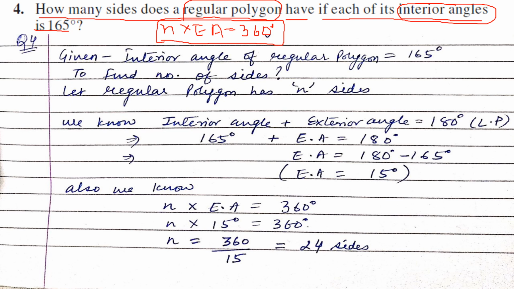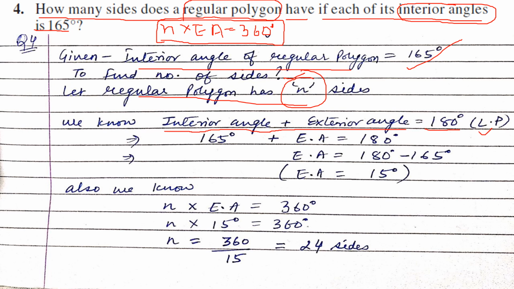180, because they always form a linear pair. So given to us is the interior angle of the regular polygon as 165. Number of sides we have to find. I have assumed number of sides as n. Now using formula number 2, that is IA plus EA is equal to 180, because linear pair.